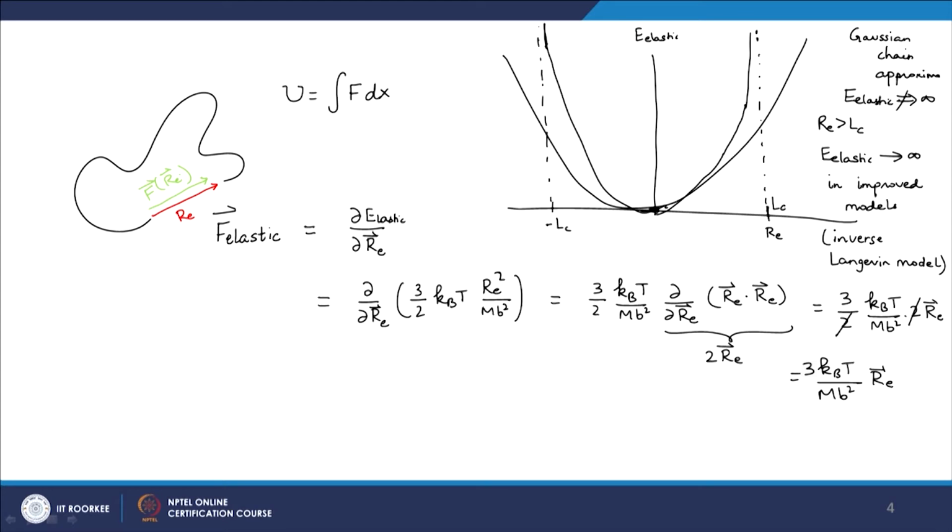Okay. So, now this is where we have come starting from the random walk models, and what we have seen here is we are replacing the polymer chain with one spring of a certain stiffness constant. Okay. So, now we can extend this idea a bit further by noting that if I cut this polymer chain into pieces, we still have polymer chains. So, we can think of those cuts also as effectively a Gaussian chain.